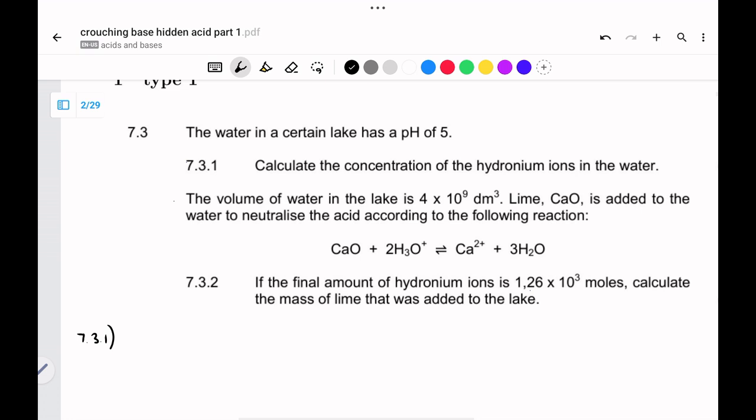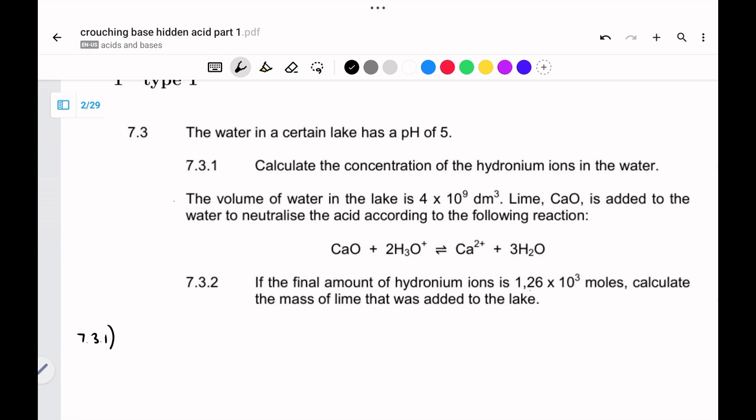So we're told that the water in a certain lake has a pH of 5. And for 3 marks, calculate the concentration of hydronium ions in the water. I did mention in the prequel that the pH is a way of giving the state of a solution, because we can work backwards from the pH to find the concentration.